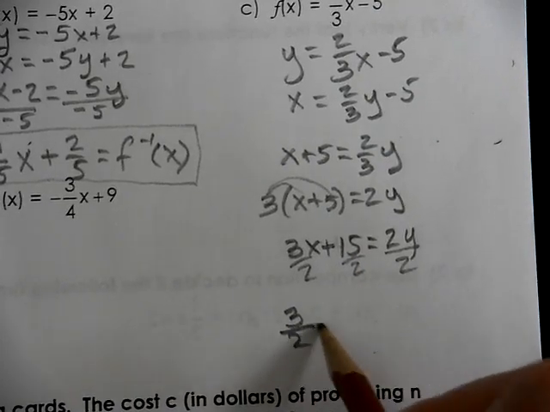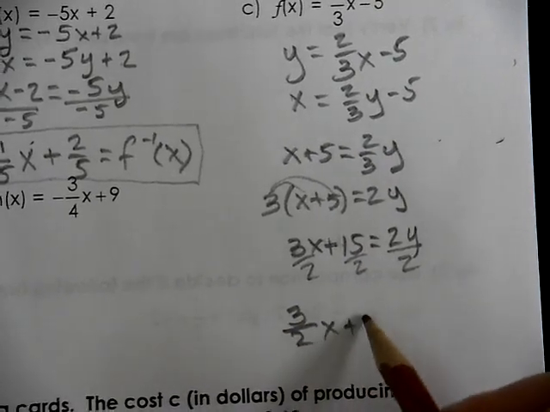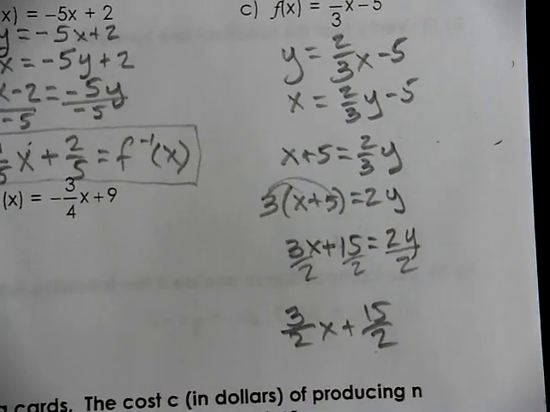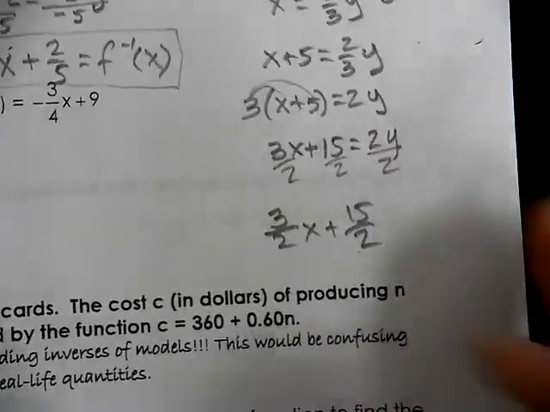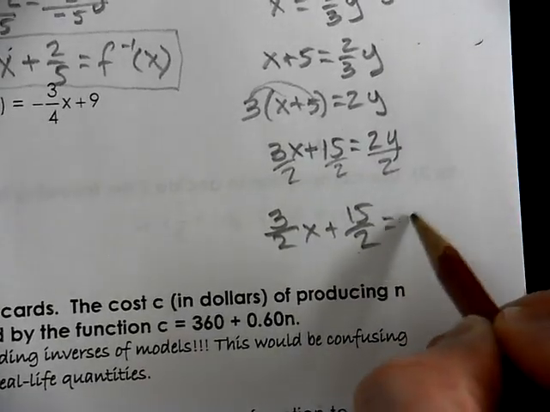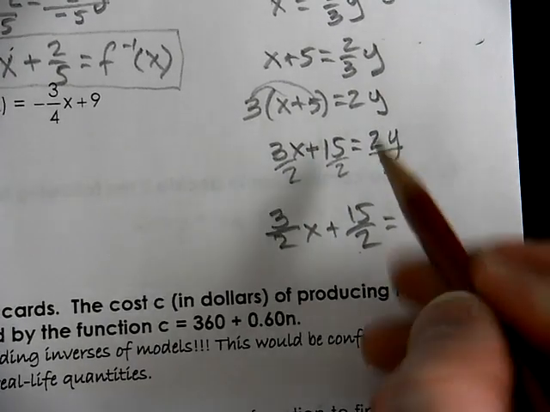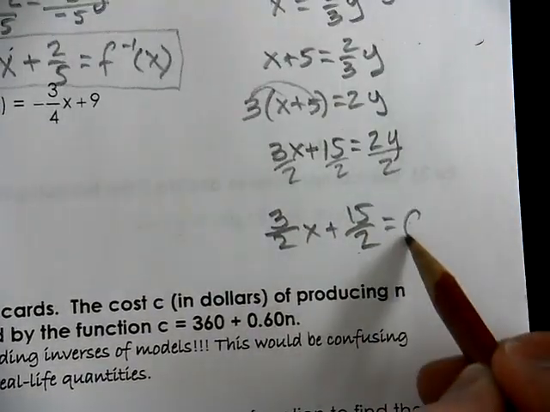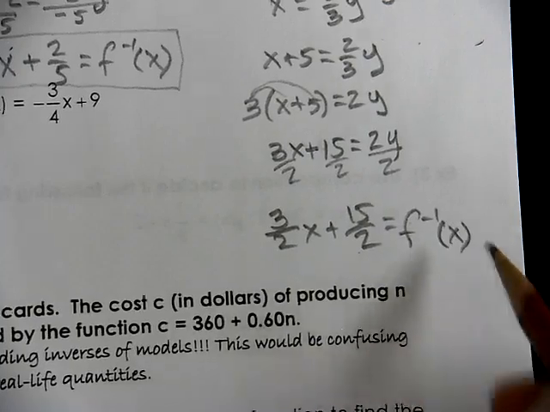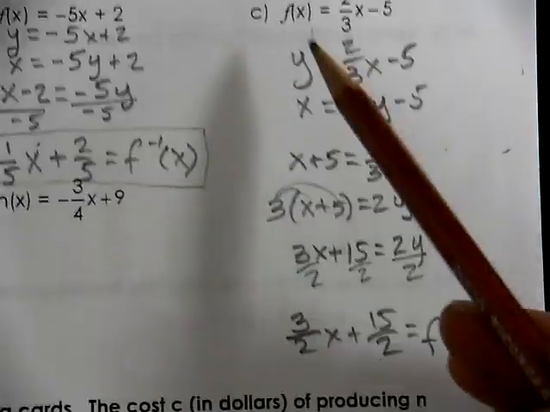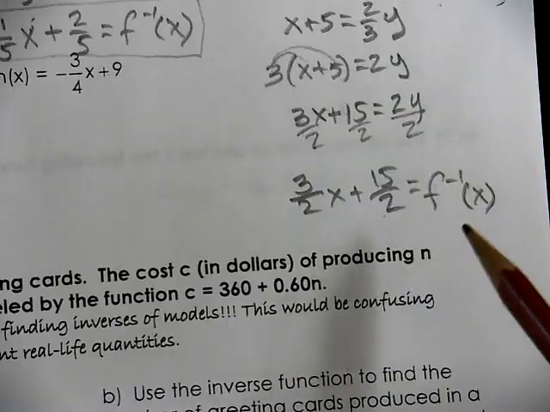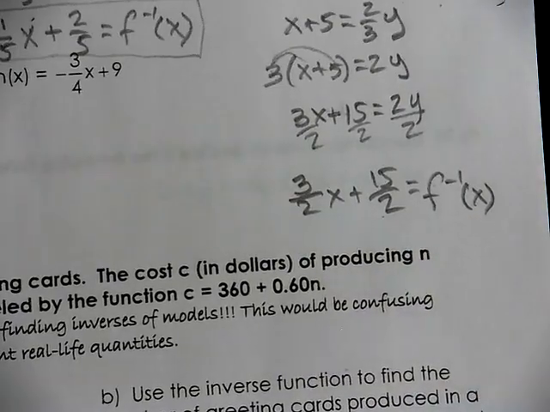So we're 3 over 2x plus 15 over 2. I'd suggest you not use decimals. And since we're all done, we can call this f inverse of x. Because this was the f function, this would be the inverse of x.